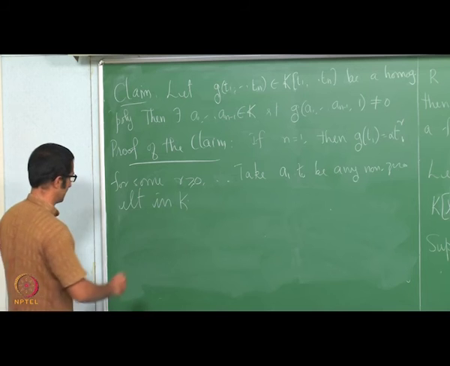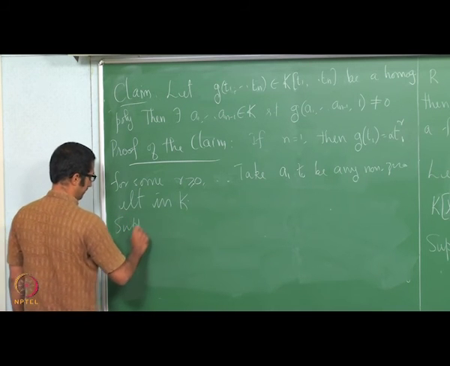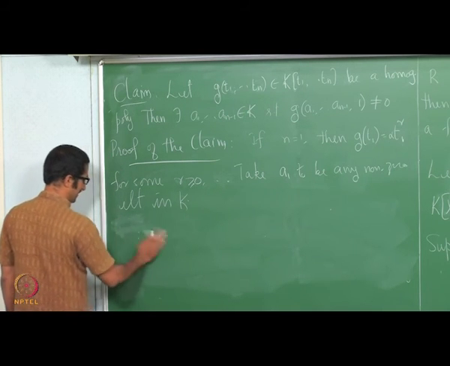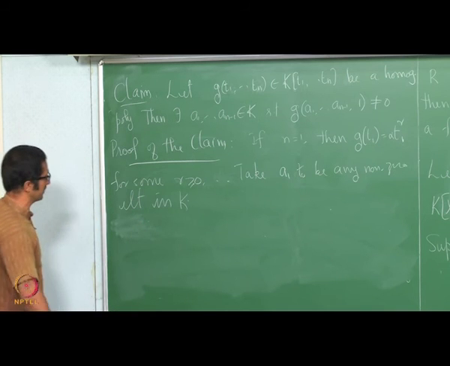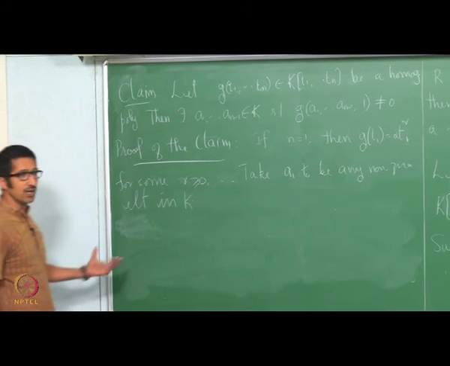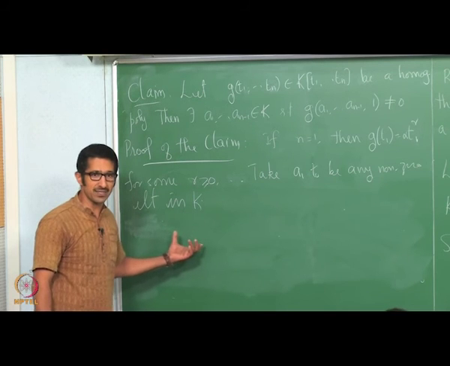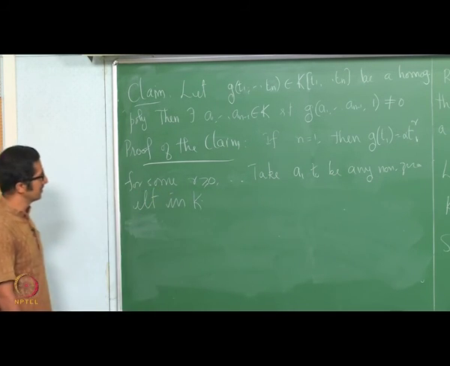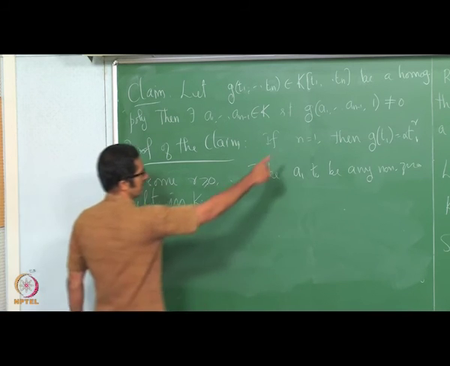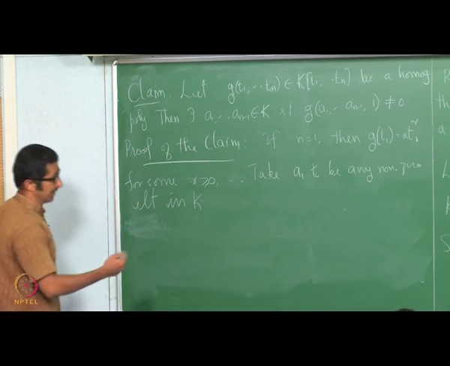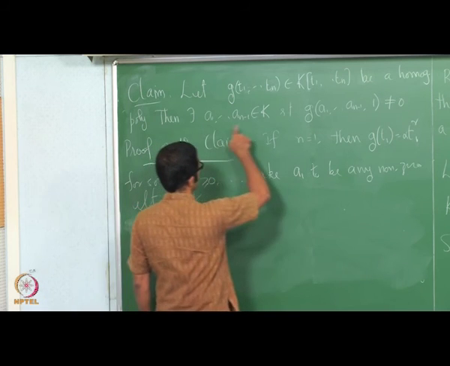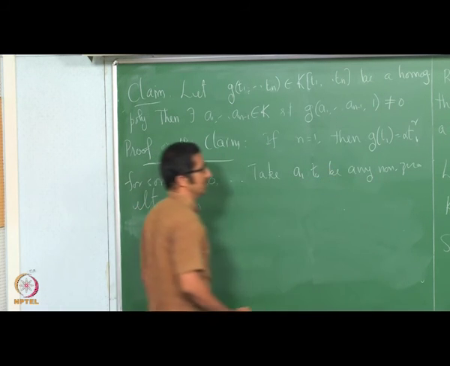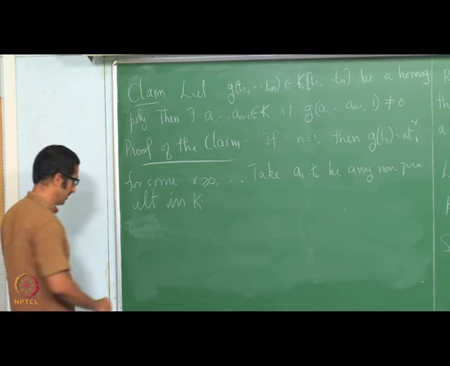Now, suppose, assume the induction hypothesis that if I have a homogeneous polynomial of degree n minus 1, then it has a non-zero root like this. Sorry, n minus 1 elements with this being non-zero.